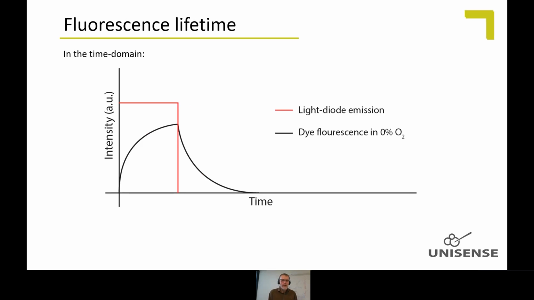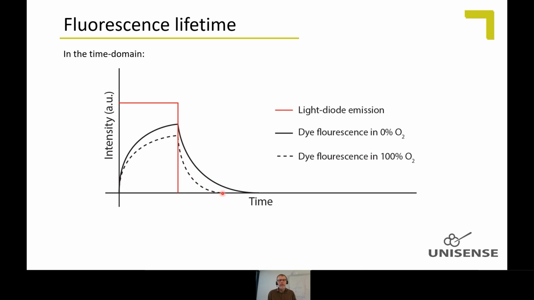So when you excite the dye with light, here's light intensity, a very short light pulse, then the fluorescence comes up, and then when you turn the light off, the fluorescence dies away again. That is in the absence of oxygen. If there's oxygen present, then fluorescence doesn't get as intense, but it also dies out faster.